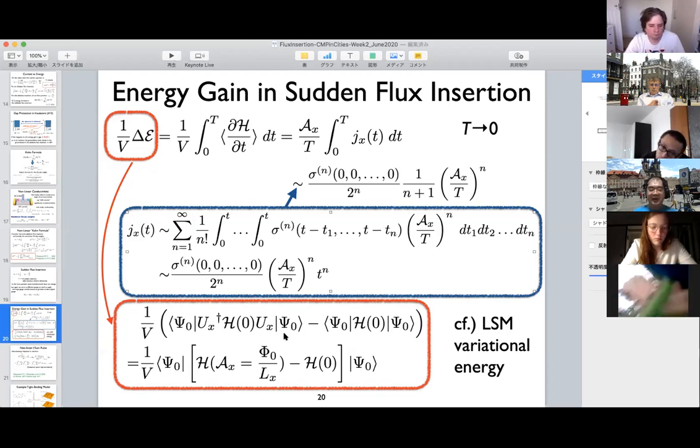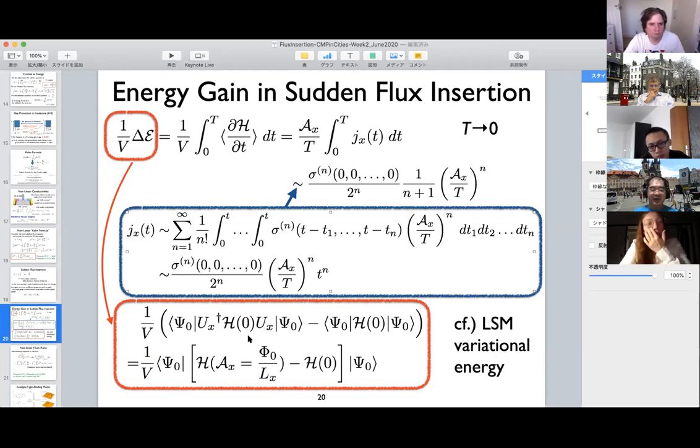So after the insertion, the energy expectation value can be written like this: psi 0 u dagger times Hamiltonian times u psi 0. And this can be also interpreted as ground state expectation value of the gauge transformed Hamiltonian, u dagger H u.